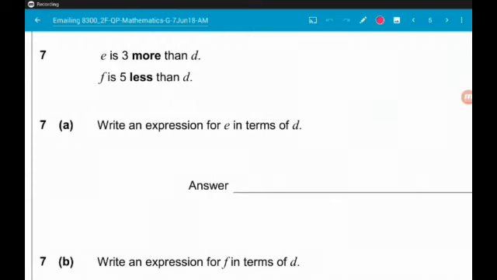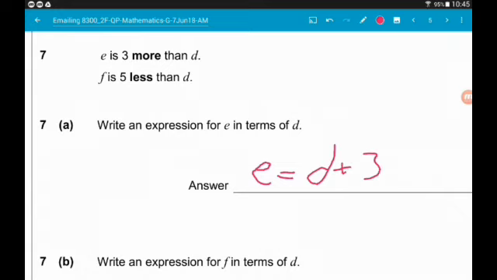In question 7, E is 3 more than D, F is 5 less than D. Part A wants us to write an expression for E in terms of D. So that means we want to write E equals something to do with D. So, if E is 3 more than D, then E is D plus 3.